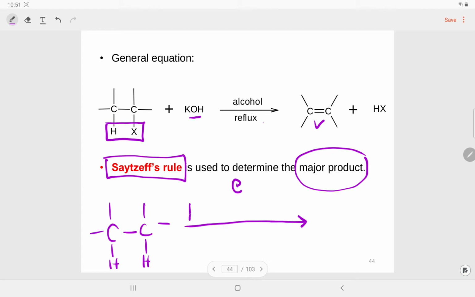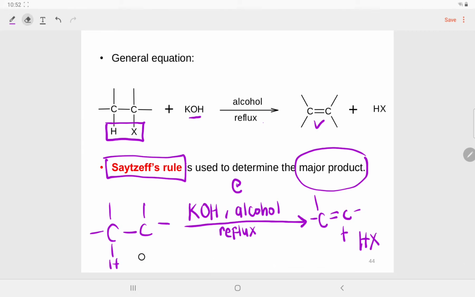But our reagent, the strong base, must be above the arrow, comma, our solvent, alcohol, and the next condition, reflux, below the arrow. So finally, the elimination occurs, the carbon-carbon double bond forms plus HX. Sorry, this is our HX.